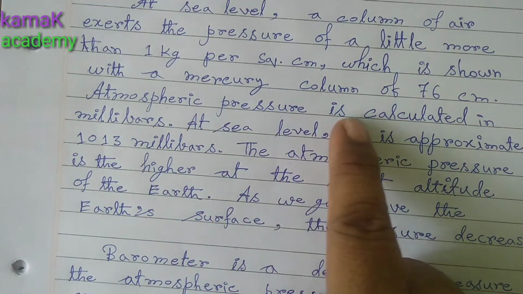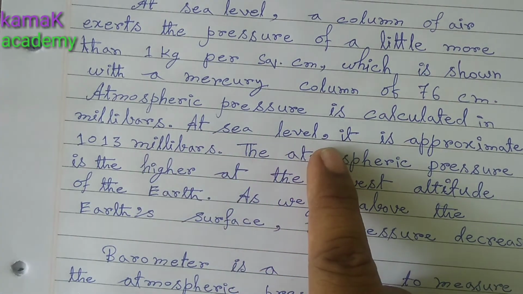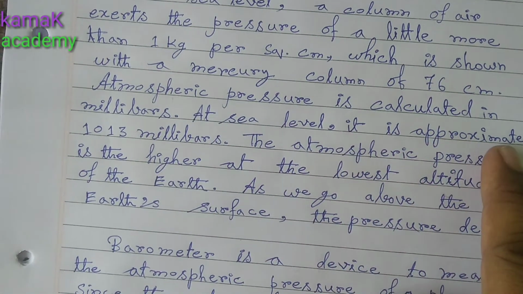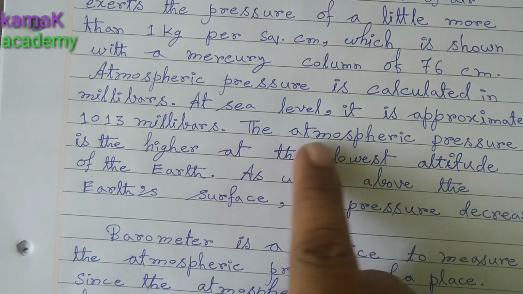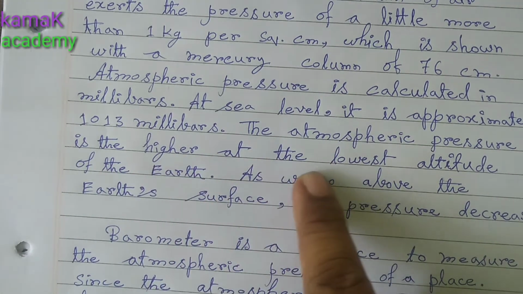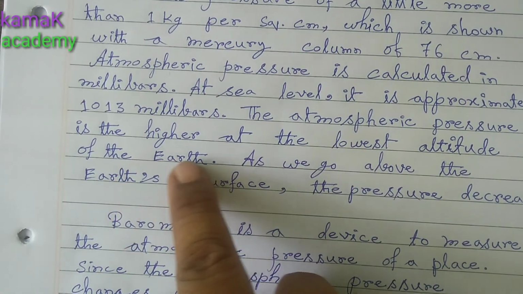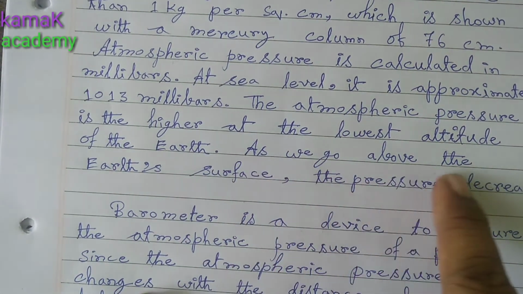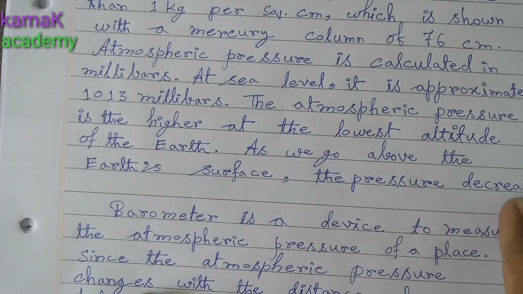Atmospheric pressure is calculated in millibars. At sea level, it is approximately 1013 millibars. Full stop. The atmospheric pressure is the highest at the lowest altitude of the earth. As we go above the earth's surface, the pressure decreases.